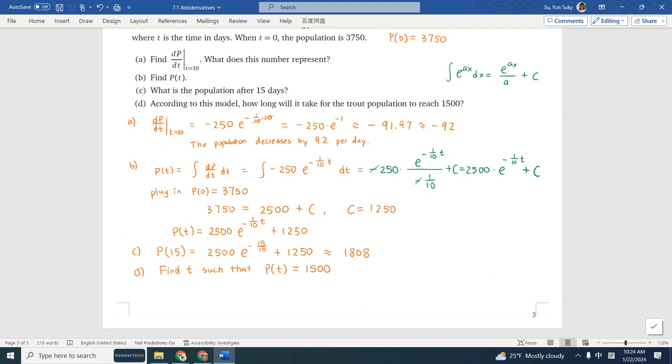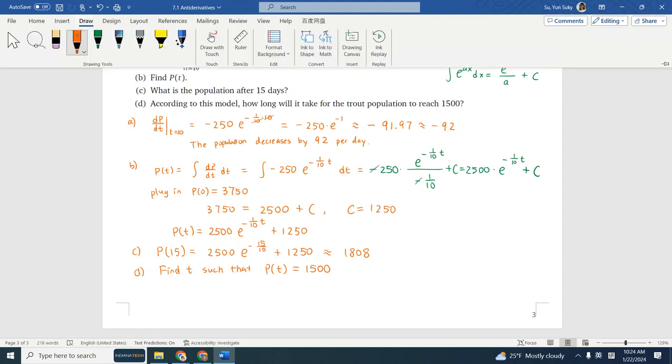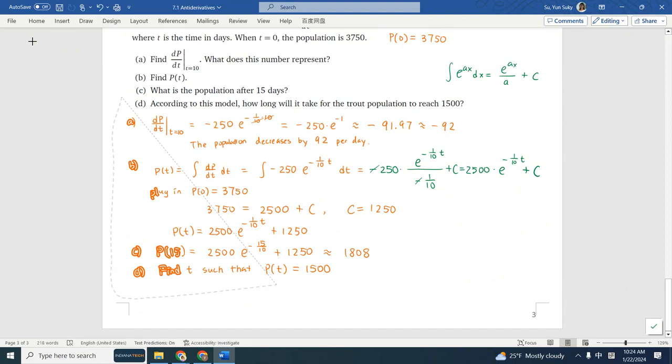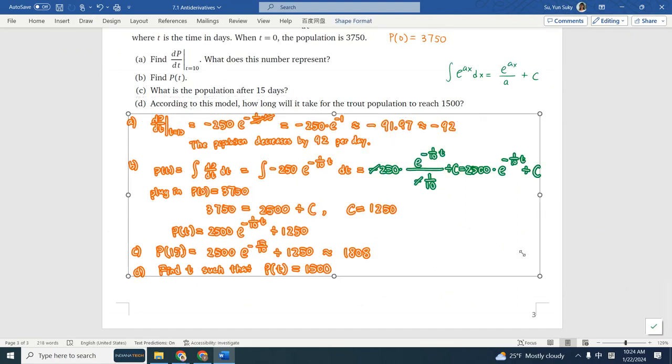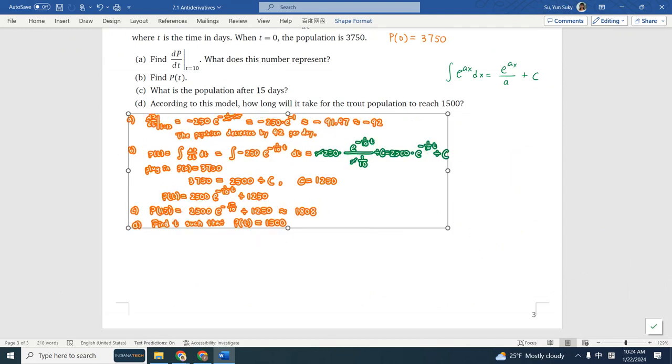I hope you have enough space because I don't. Let me shrink this so I can have some space, or you can go to the back side of your worksheet.